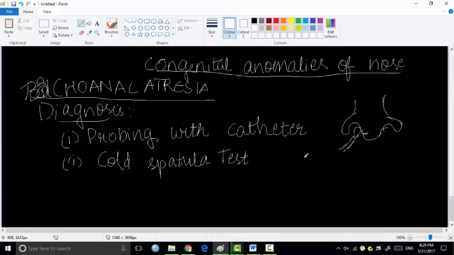In the cold spatula test, if you do this test, then there will be fogging developed on one side, right? So this can be done. All these tests we will deal with in detail in the next class. The next test which we can do is posterior rhinoscopy.